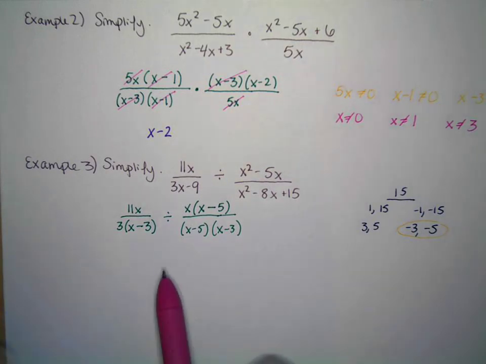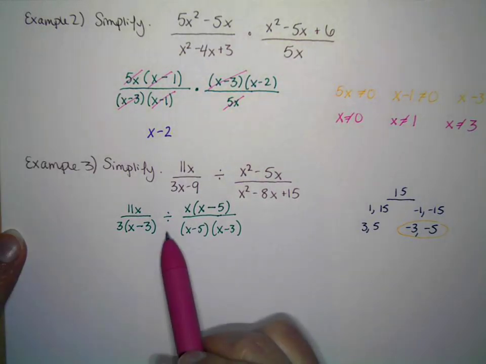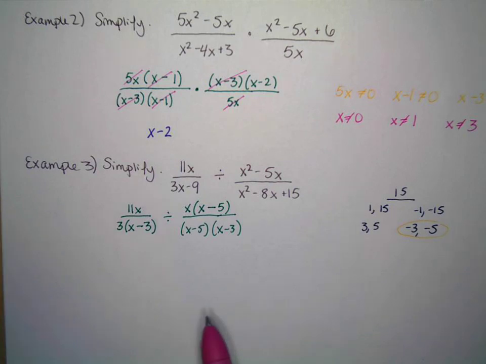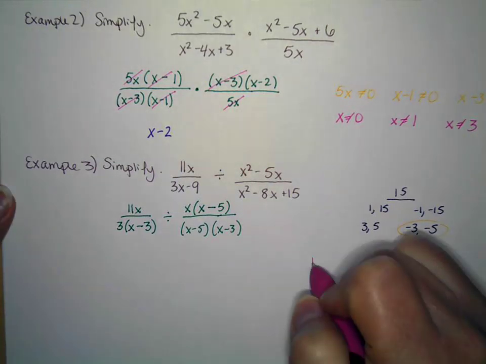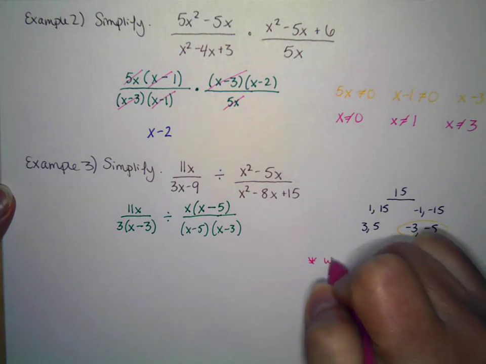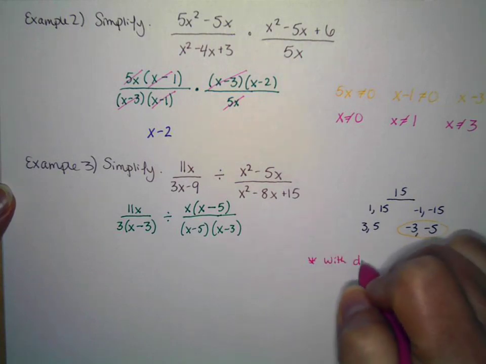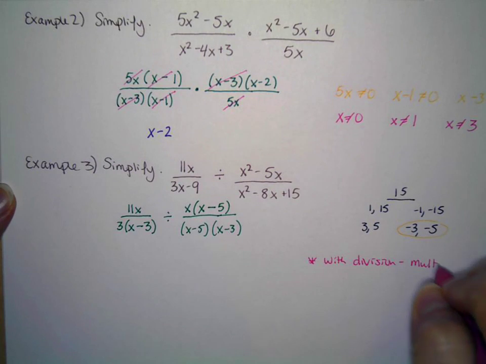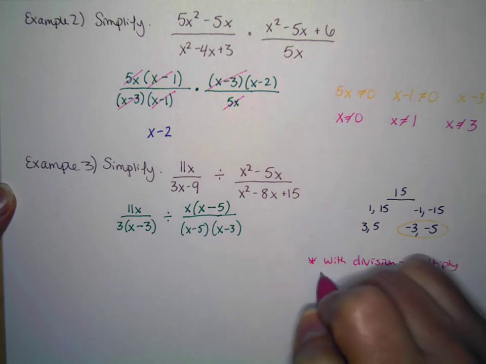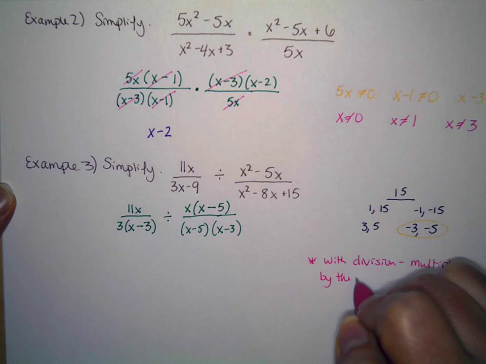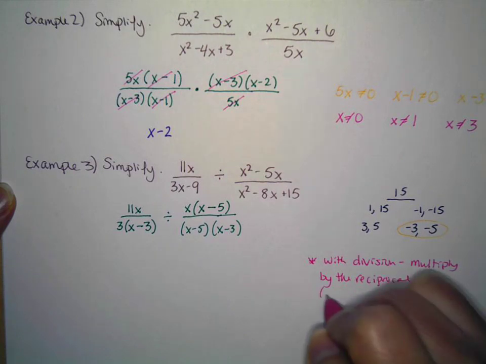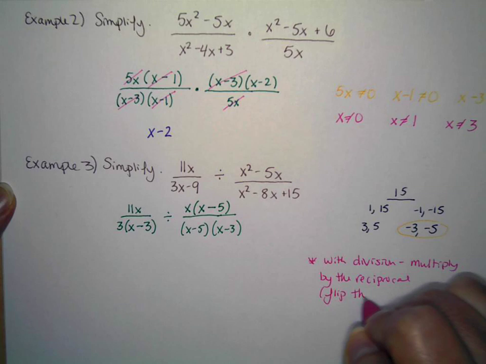Okay. Our next step. This problem's a little bit different than the last one because there's a division symbol in the middle instead of a multiplication symbol. So hopefully you recall that when we're dividing fractions, you want to multiply by the reciprocal instead. So we're going to flip the second fraction.